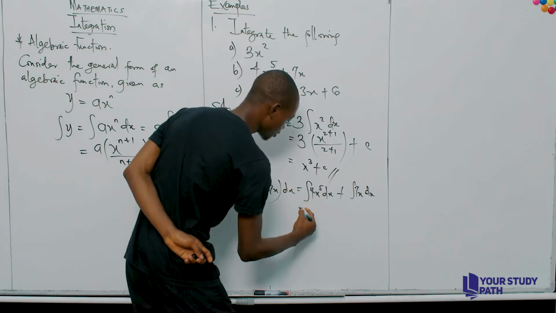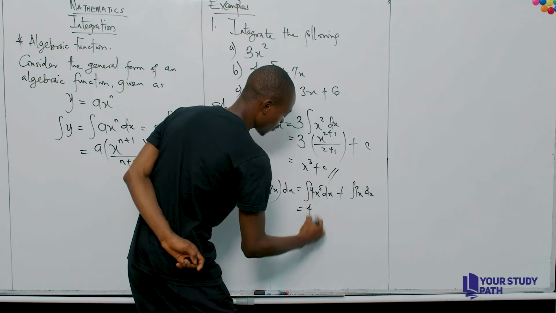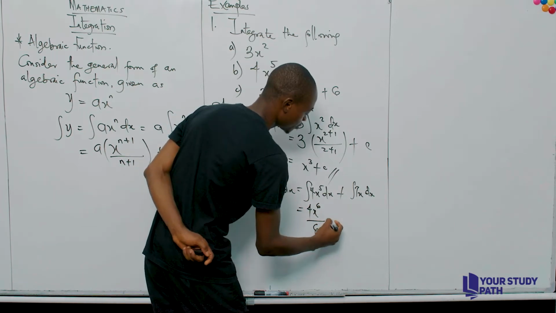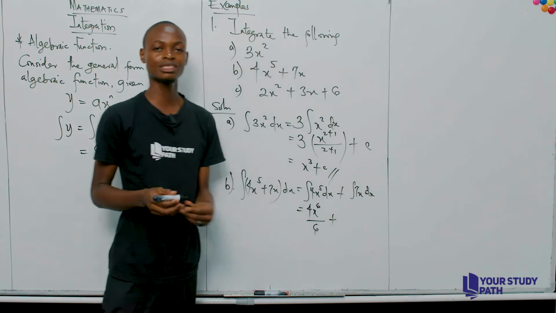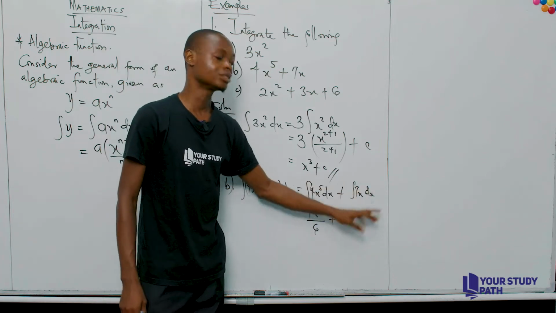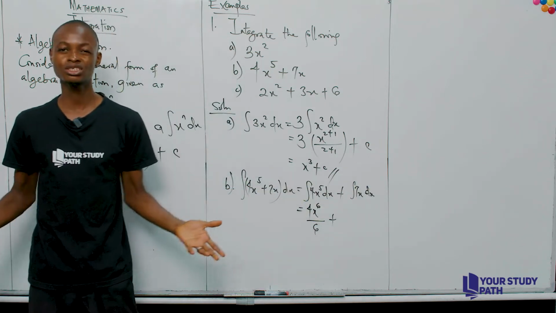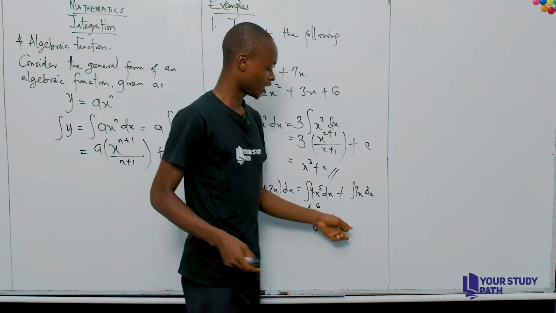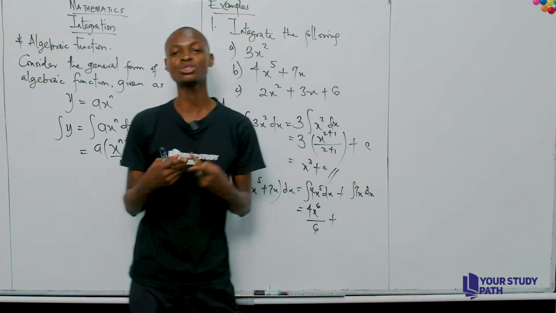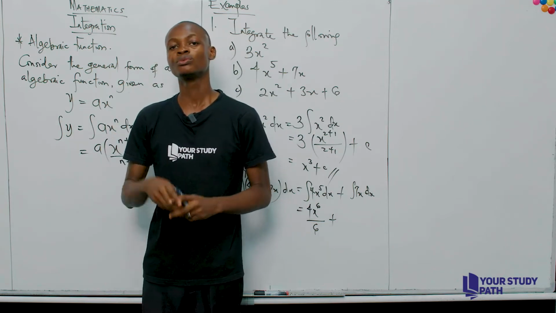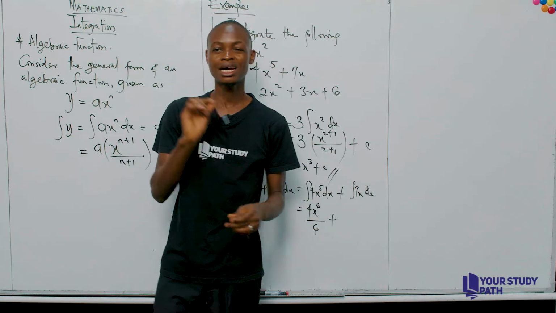Now, integrating this, again, I will have 4x raised to power 6 divided by 6 plus, now, do not make the mistake of saying, okay, I've integrated this plus c, then I integrate this plus c. There's really no point to do that. Why? Because if you were to put in a constant here, and then you put in a constant here, if you add two constants together, you'll still get a constant. So we add in the constant only at our final result.